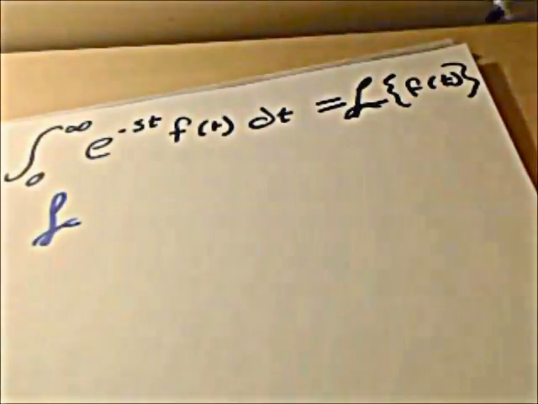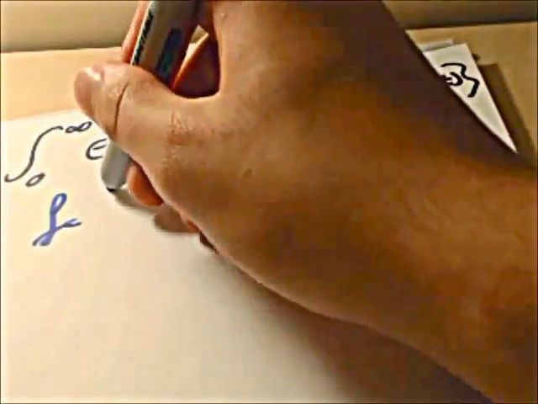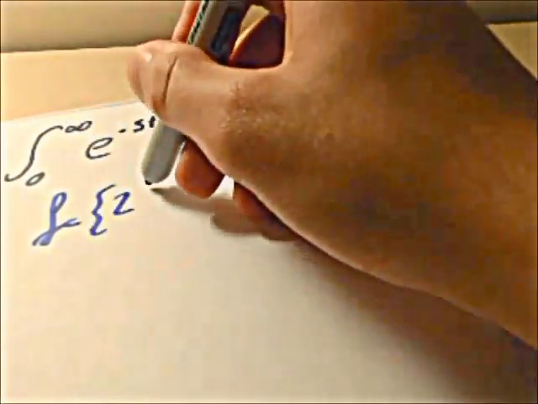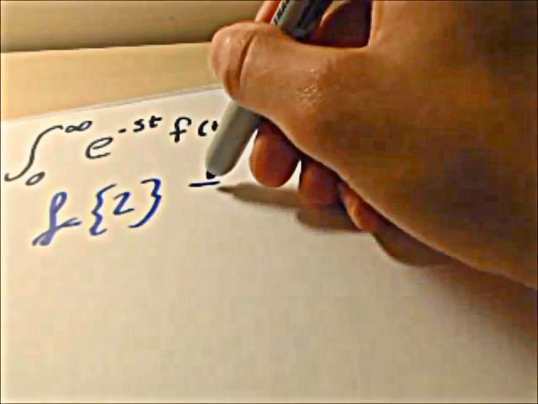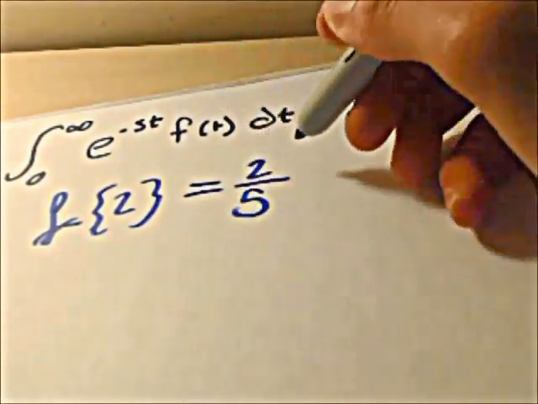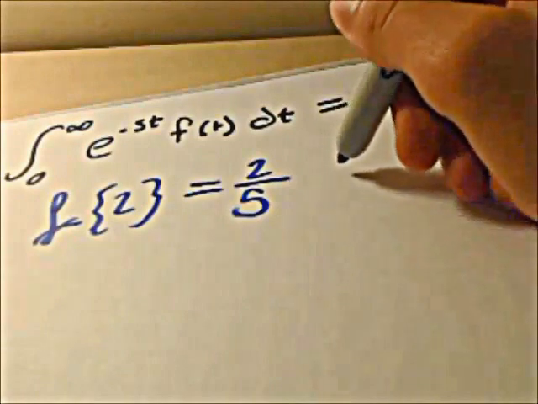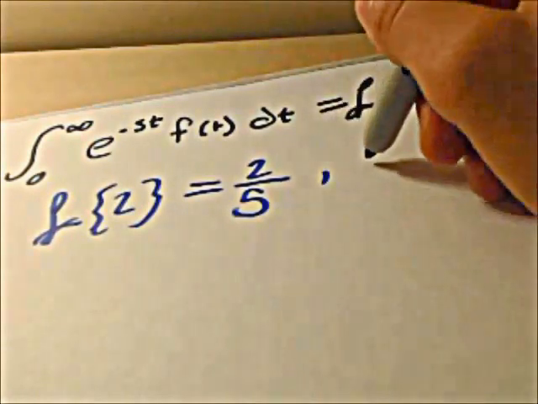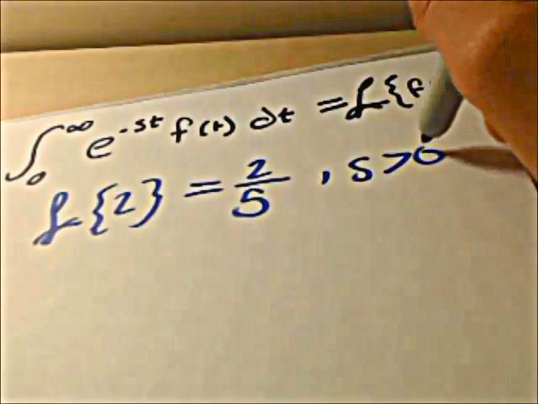Let's say here the Laplace of the number 2. Here's our function, it's just a 2. It's just a small example here. The answer is 2 over s, provided that s is greater than 0.